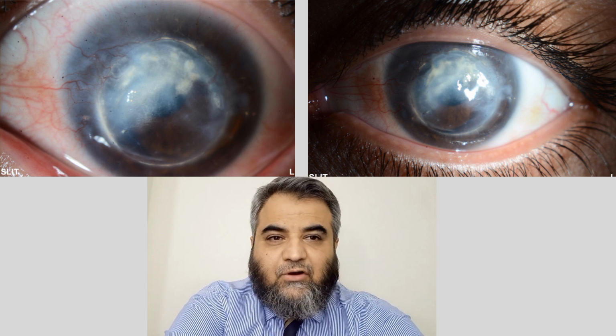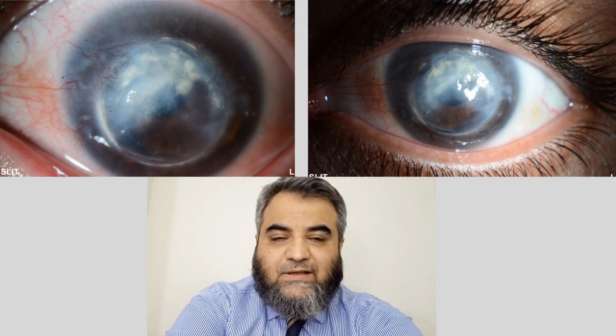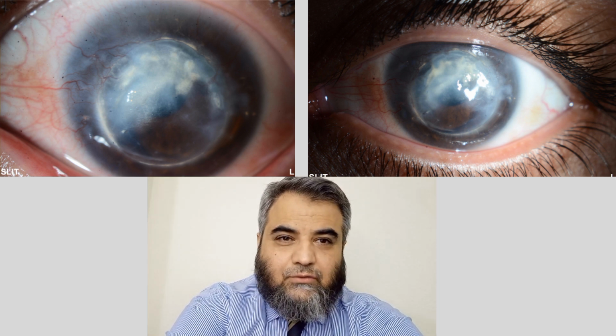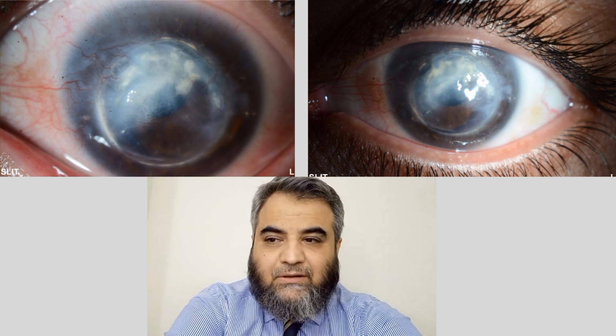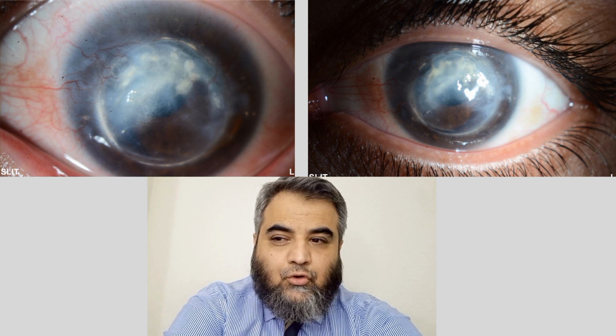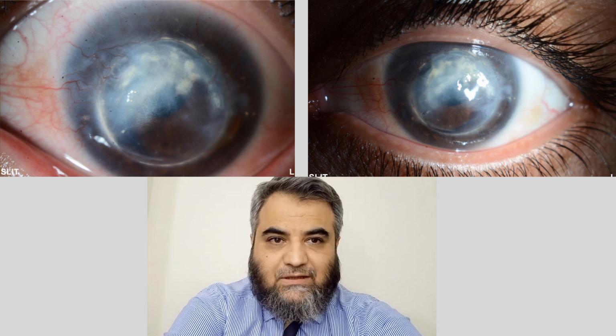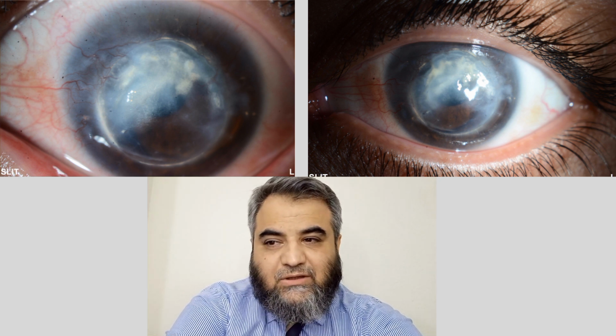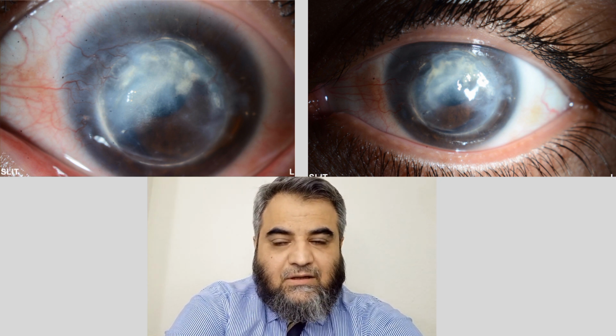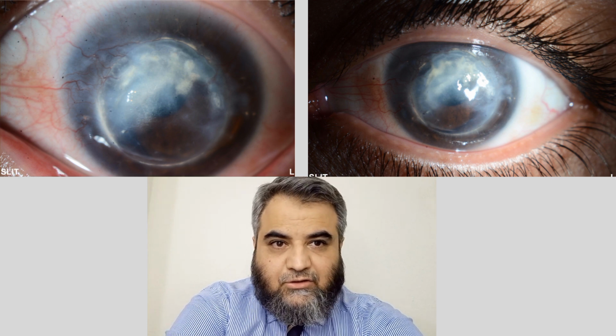Yes, these have T cells, lymphocytes, plasma cells, everything is over there. So here you can see because of the good treatment, that pupillary zone is now clearing up to some extent. As compared to the last photographs, here you can see it is decreasing.